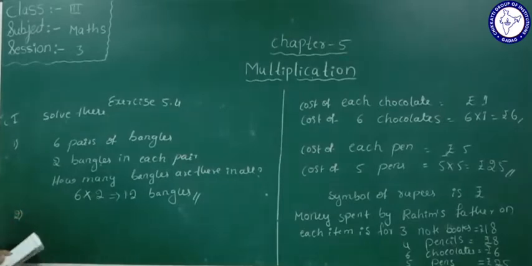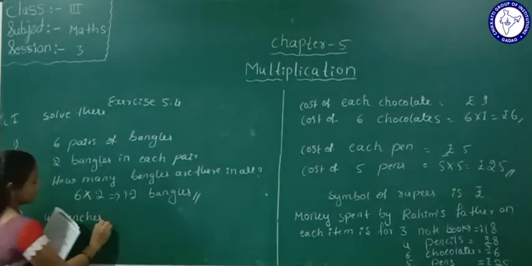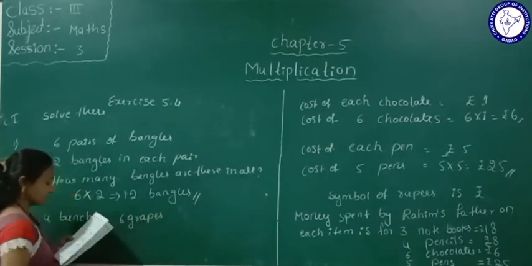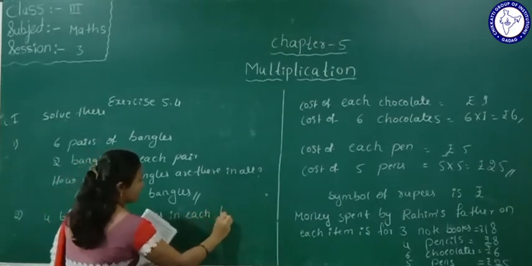That is the second one. So here 4 bunches, 6 grapes in each bunch.